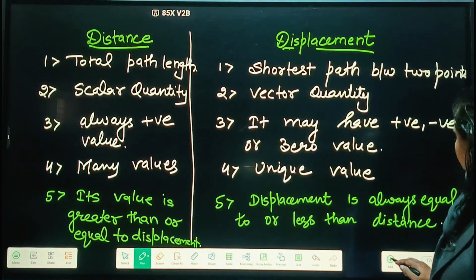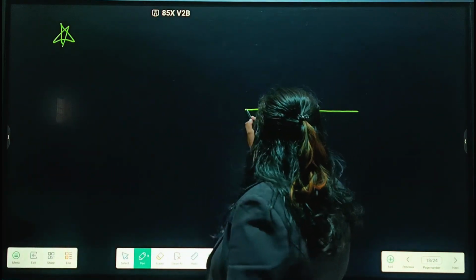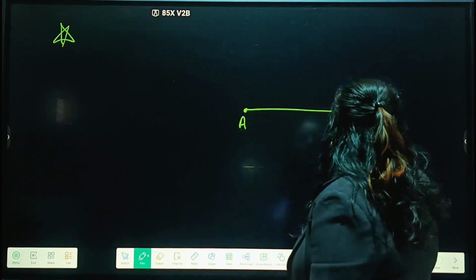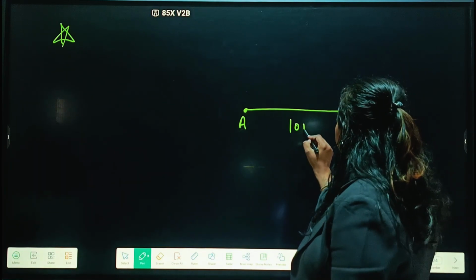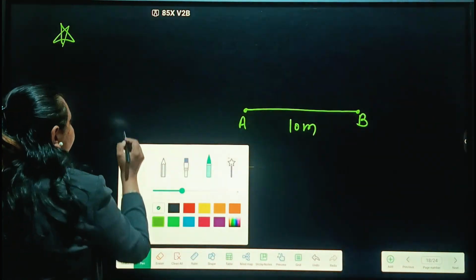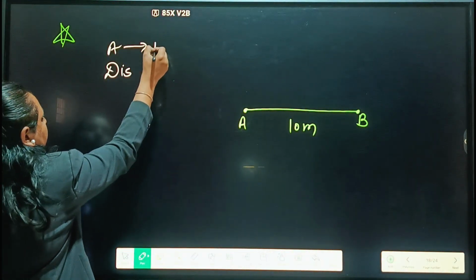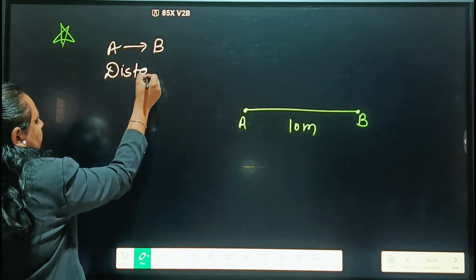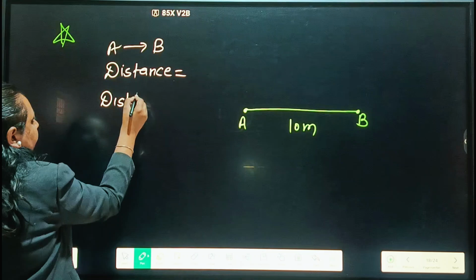How? For example, if an object travels from point A to point B, suppose 10 meter. In this case, what is the distance and displacement from A to B?